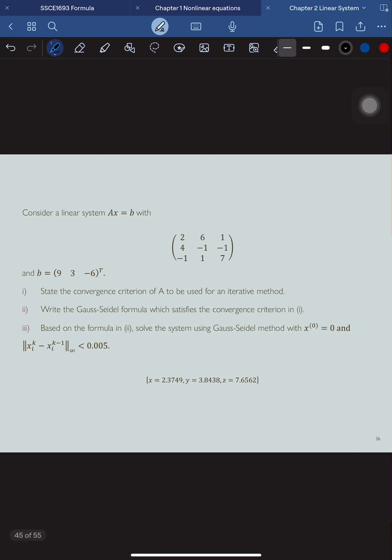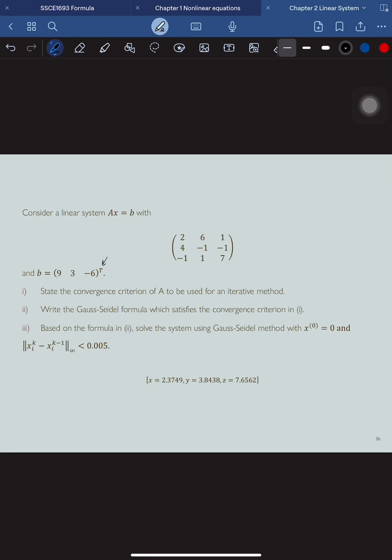Right. So for this example, consider the linear system with b as a transpose. State the convergence criteria to be used for an iterative method. Write the constant difference, specify the equation, and based on the formula, then solve the linear system.